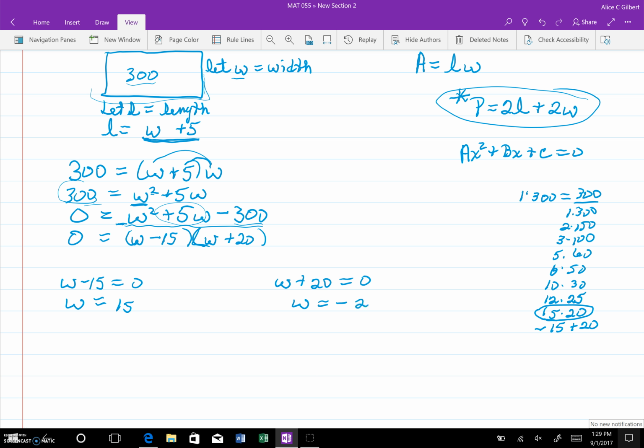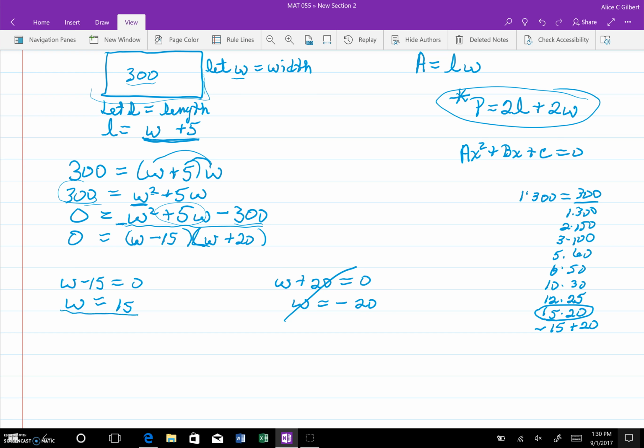w equals minus 20. Now, I am looking for measurements. So does that mean I can have a negative number? That's right. All measurements must always be positive. So I can't use this guy. Negative 20 is not a measurement.